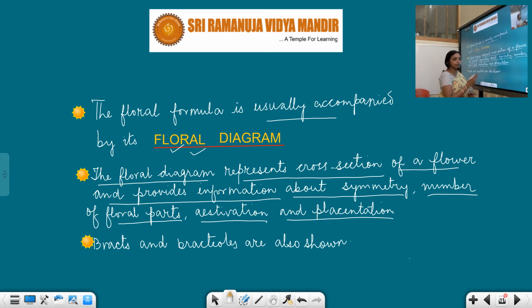In the floral formula we cannot represent the estivation, but in the floral diagram it can be represented. Placentation, estivation, and number of floral organs. The bracts and the bracteoles are also shown in this floral diagram.